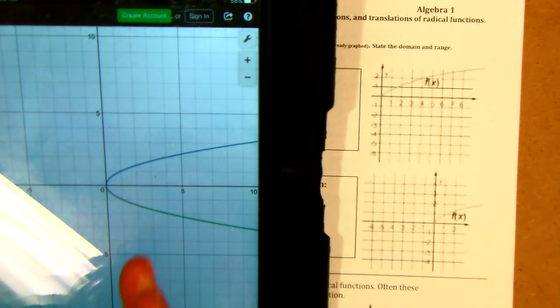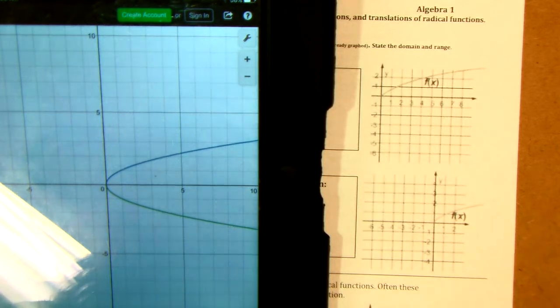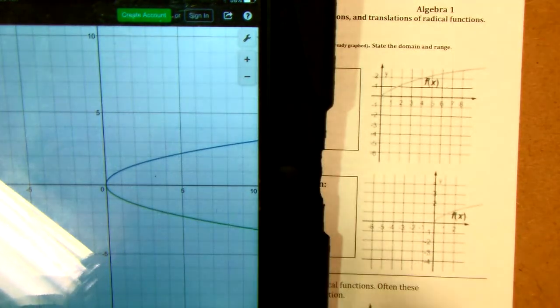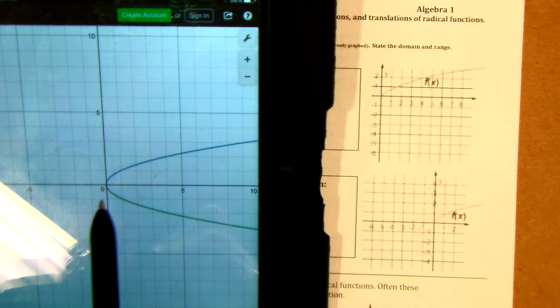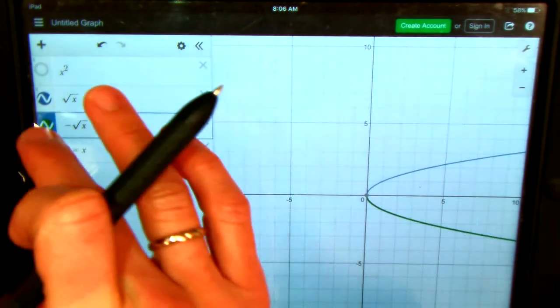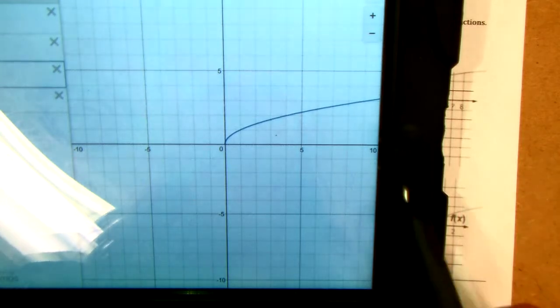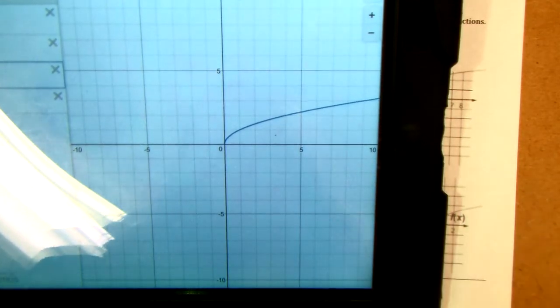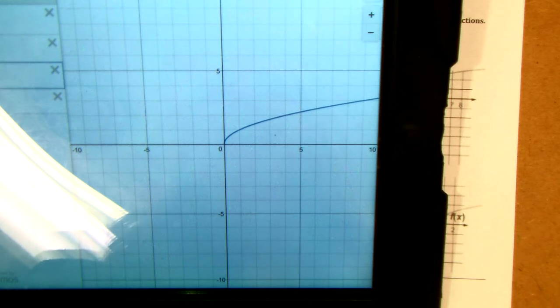So every x actually has two y's other than the vertex right here. So because of that, we will only be paying attention to the positive answers. So our square root functions will simply look like this. It's like the top half or bottom half of the parabola turned to the side. Everything is going to remain the same in terms of how we change the way it looks.